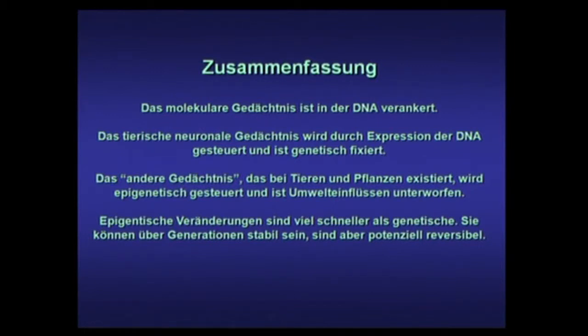The molecular memory is based in our DNA. The animal neuronal memory is controlled by the expression of the DNA, and it is fixed genetically. The other memory, as I call it, which exists in animals and plants, is controlled epigenetically.